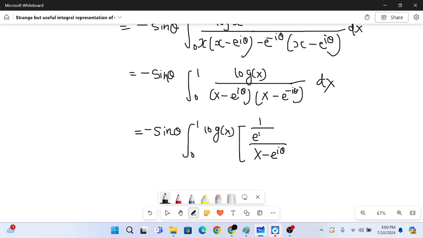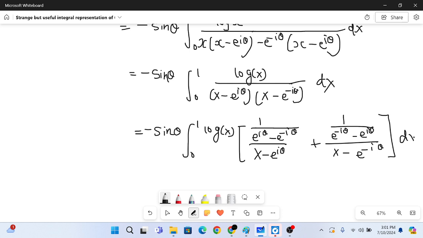So 1 by e to the power i theta minus e to the power minus i theta. And then plus x minus e to the power minus i theta. So I will put e to the power minus i theta in the other expressions. So 1 by e to the power minus i theta minus e to the power i theta. This is from the cover-up rule, or you can simply go with the way of partial fractions that you know.